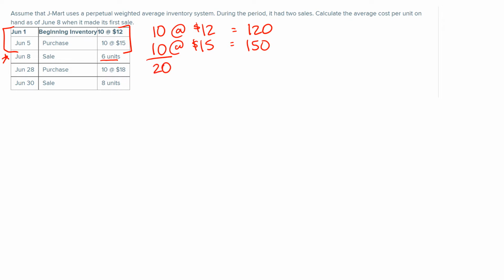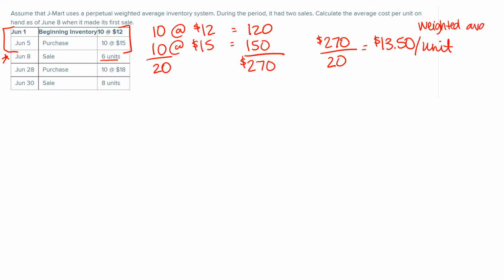So you'd have a total of 20 units and a total cost of $270. You would then take the $270, divide it by the total number of units to get $13.50 per unit. That is the weighted average cost per unit.